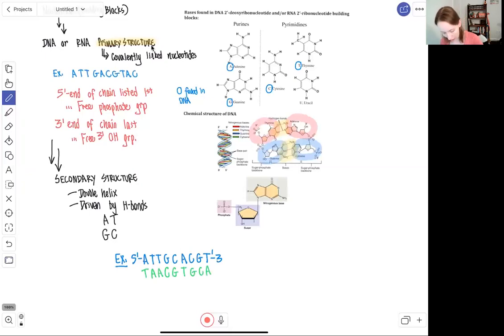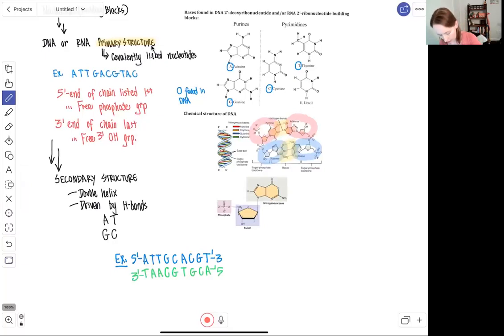We're showing in each case, based on the top strand that's in blue, that we can predict the exact sequence of the bottom strand because the pattern is always the same about who hydrogen bonds with whom, always A with T, G with C. The other thing to keep in mind is that when you're looking at this partner strand, the orientation of the 5' and 3' ends are flipped.